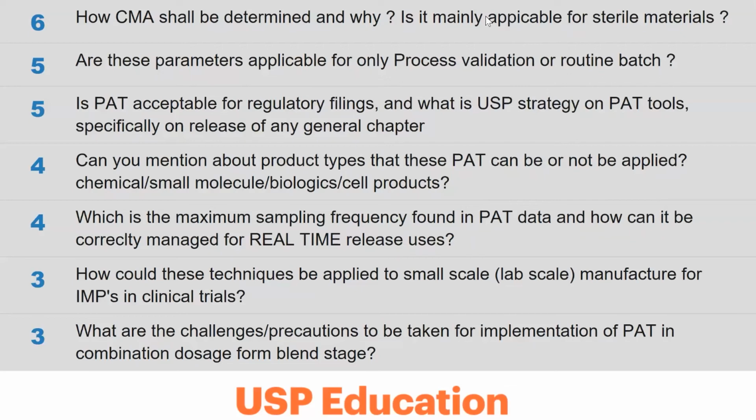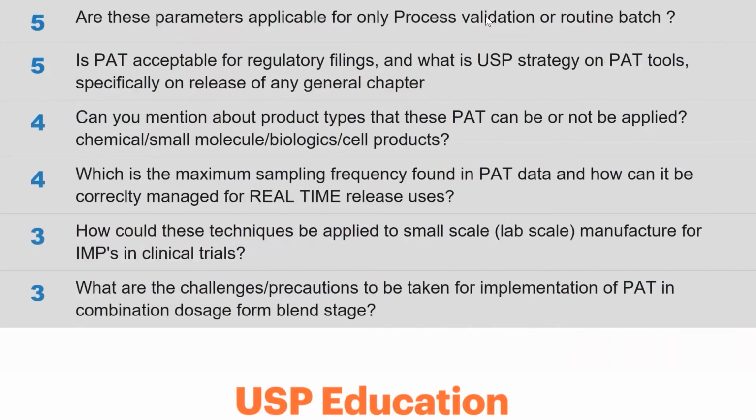Are these parameters applicable for only process validation or routine batch? Yes, they could be either or. As I specified, you could use process analytical technology not only for your process validation, but also for routine batch.